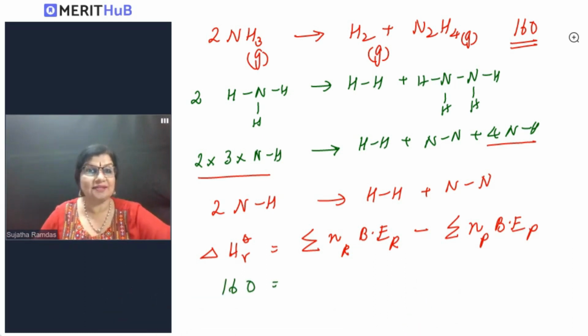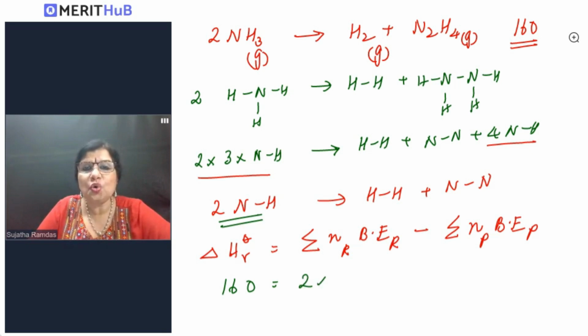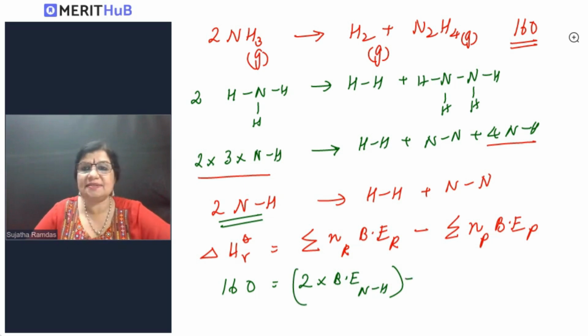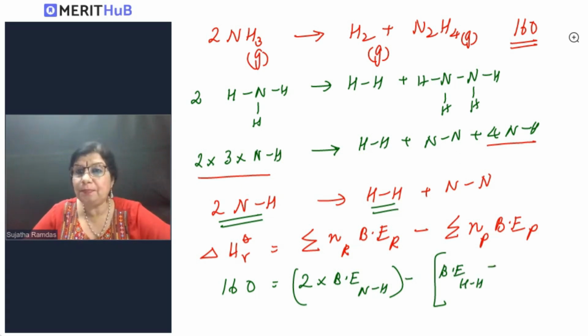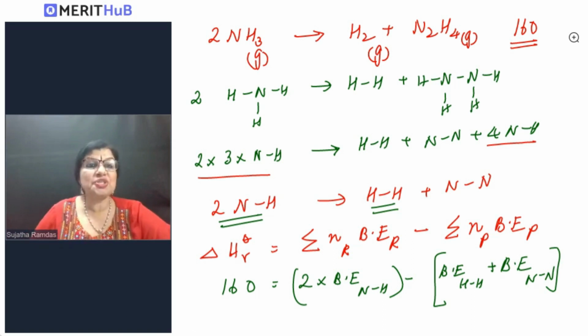We found out that. Right? Now, what about the bond enthalpy of the reactants? The reactant is this, 2 into the bond energy of the NH bond minus the bond energy of the HH bond, plus the bond energy of the unknown NN bond.